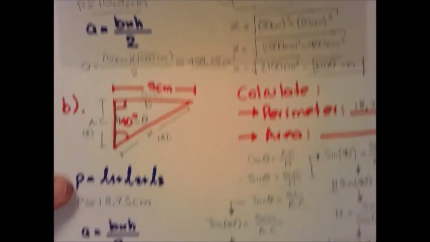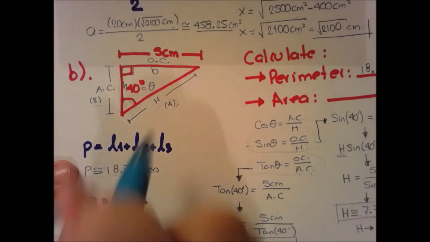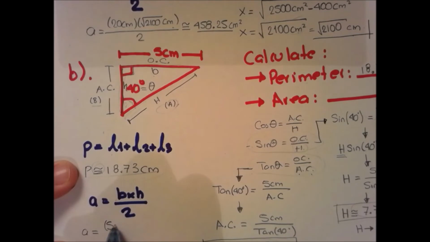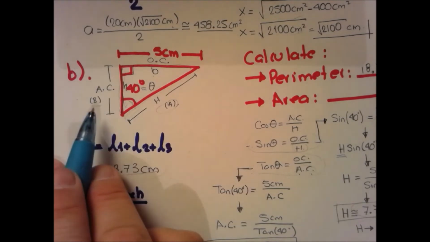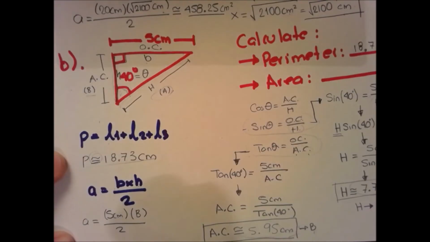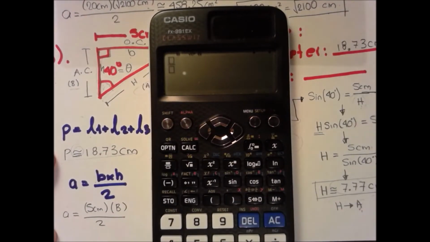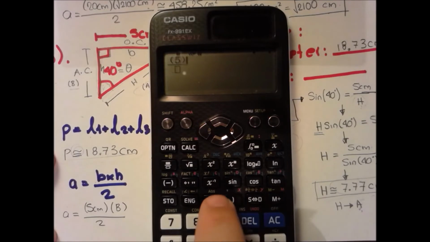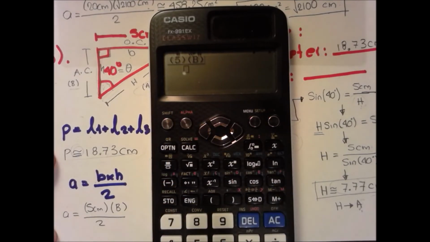Okay, and I'm just going to calculate the area. The base in this case is 5 centimeters times the height. Who is the height? It is the adjacent cathetus, that in my calculator is B, over 2. And this is going to be, let's calculate it, 5 times alpha B over 2.